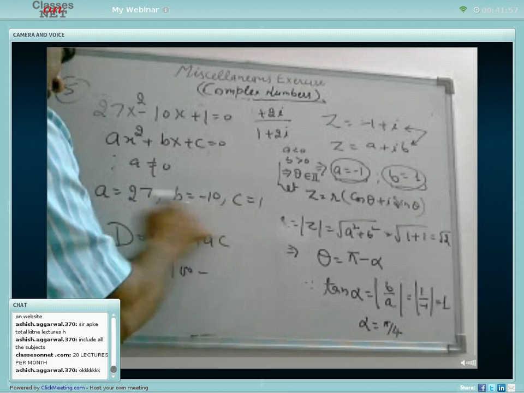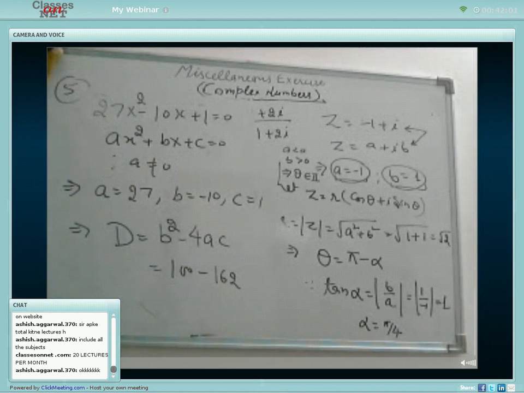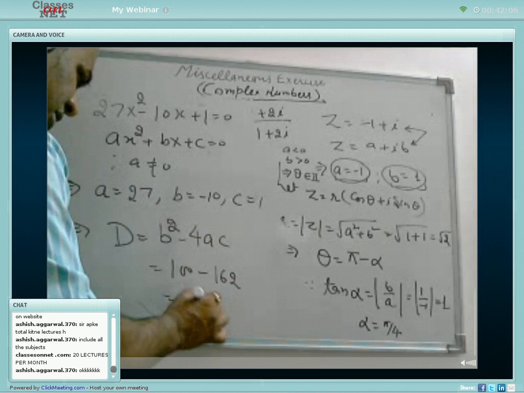b square is 100 minus 4ac. 4 into 27, into 1, that is 108. Minus 108, that gives me minus 8. D is negative.